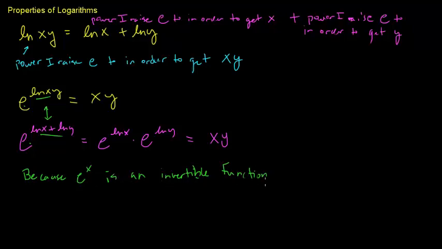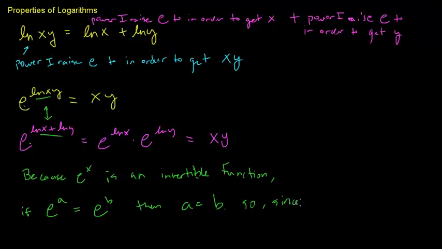If e raised to some power is equal to e raised to another power, then those powers must be equal. If e to the a equals e to the b, then a must equal b.